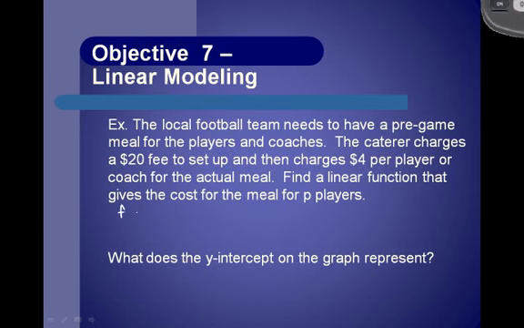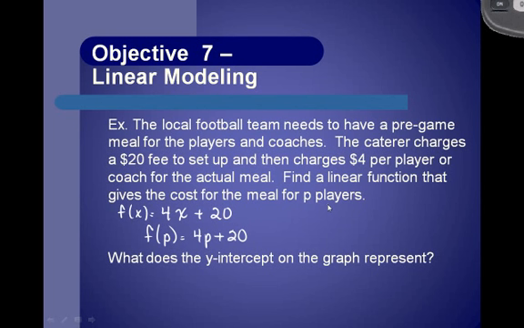So our function has a slope, or rate of change, of $4 per player plus a $20 setup fee. Because it says for P players, really we should write the cost for P is equal to 4P plus 20, where P is the number of players.